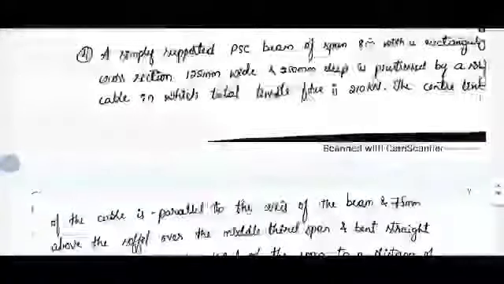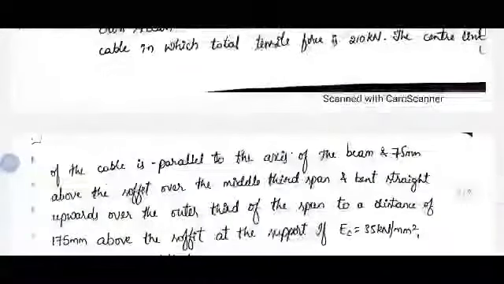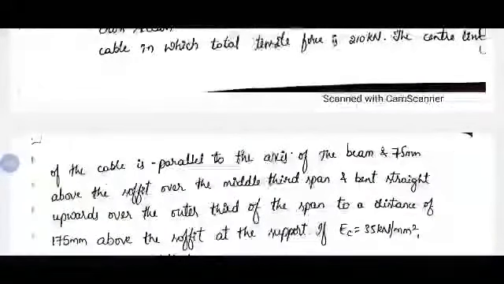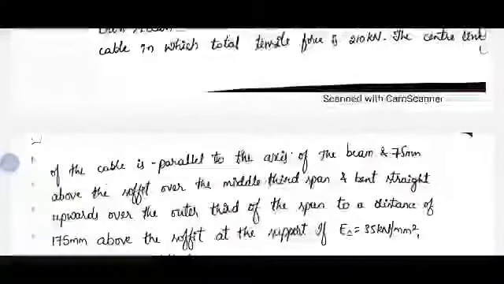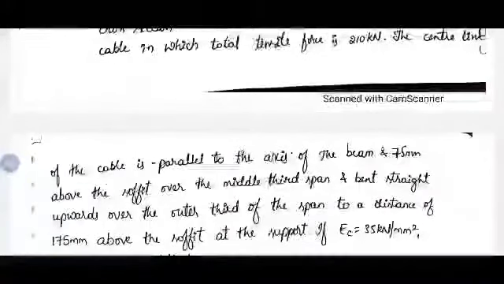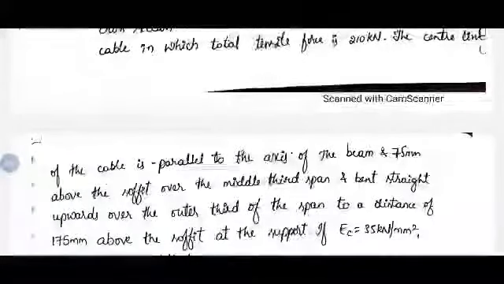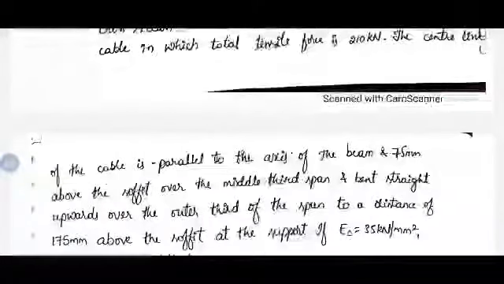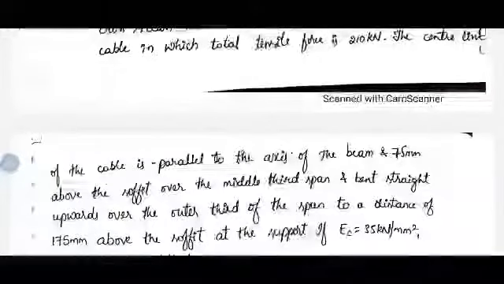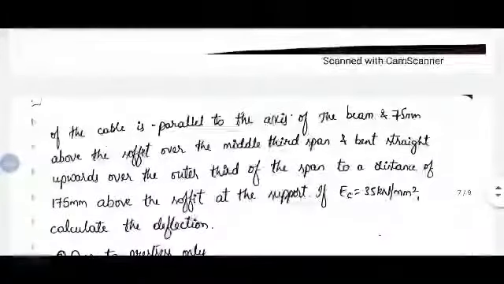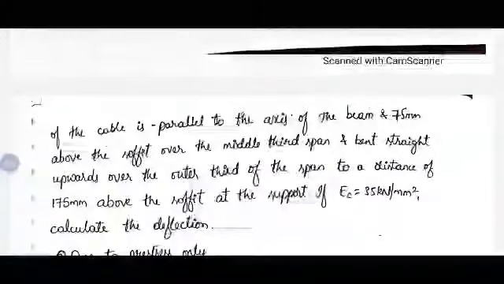The center line of the cable is parallel to the axis of the beam and 75 mm above the soffit over the middle third span, and bent straight upwards over the outer third of the span to a distance of 175 mm above the soffit at the support.